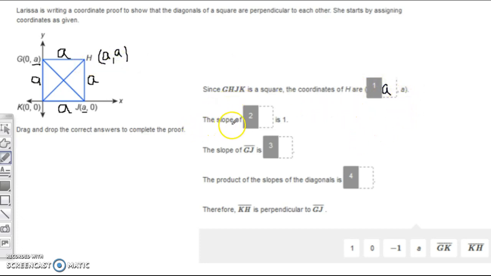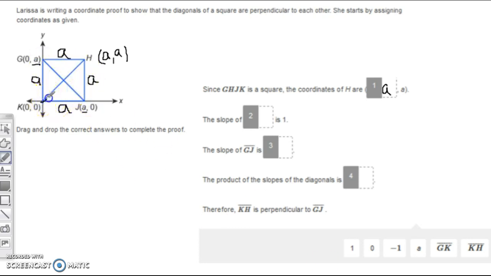And then it says the slope of something is 1. So we're looking for where we have a positive slope of 1 here. Remember, flat lines have 0 slope. Vertical lines are undefined. Uphill is positive and downhill is negative.